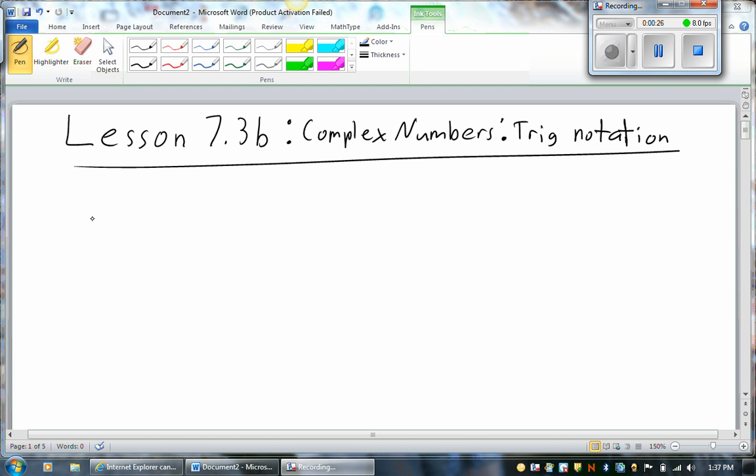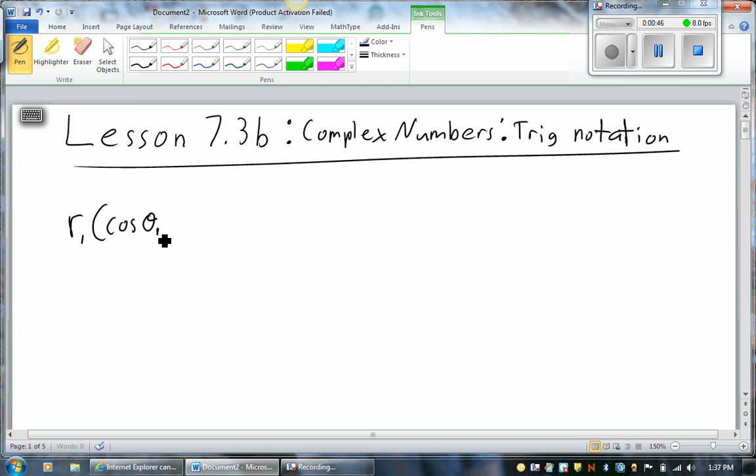Okay, so remember that what we're going to be doing, we have two complex numbers written in trig notation. So we'll call it r sub 1 cosine of theta sub 1 plus i sine of theta sub 1.